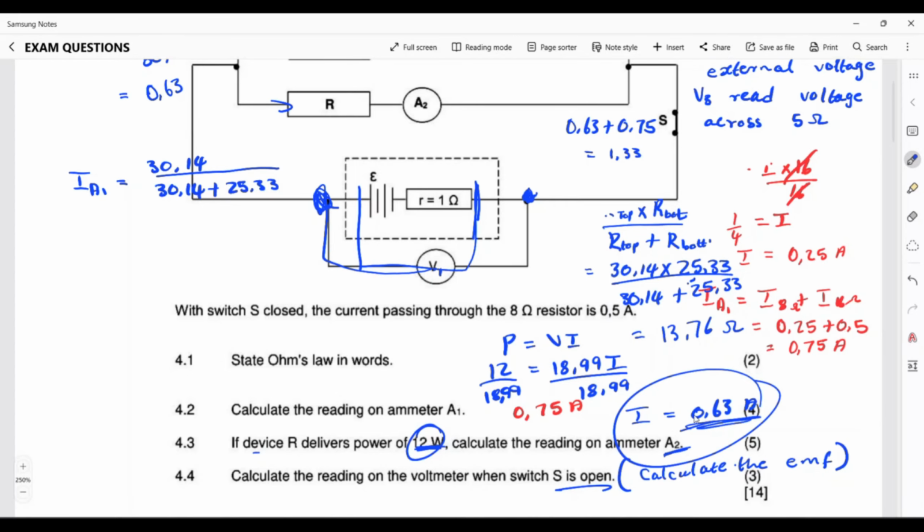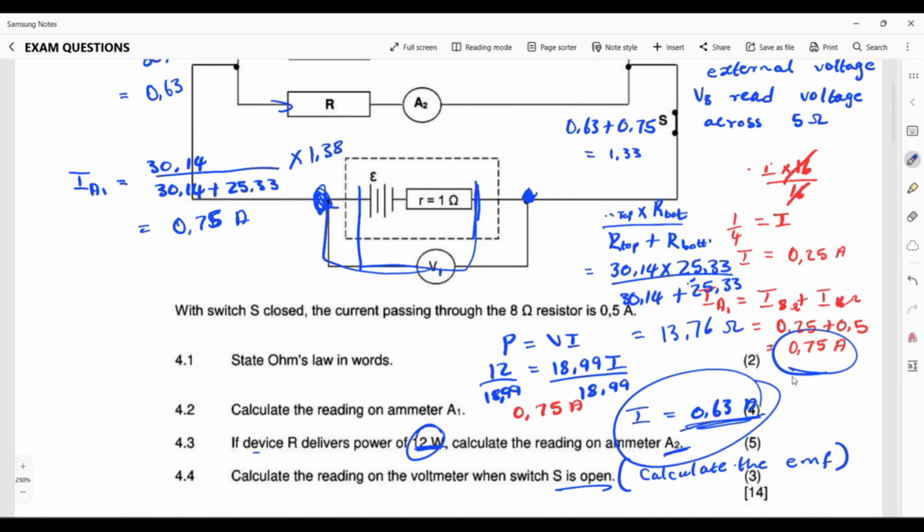Here we had 0.63. Okay, it's fine. And then what about this one? You also multiply by 1.38 over there. 0.74. 0.75 over there. Yes, 0.75 over there, which is the one that we got over there.